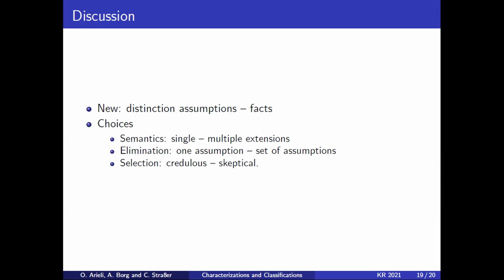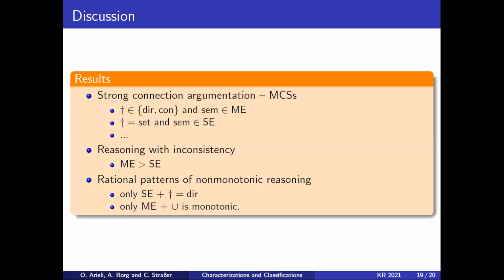The elimination, sorry, the attacks: do we allow for attacks that attack just one assumption, or do we have attacks that attack arguments in a set of the assumptions? And how do we select the conclusions? Do we do this credulously, allowing for quite a few conclusions, or skeptically? And these are then the results that we obtained.